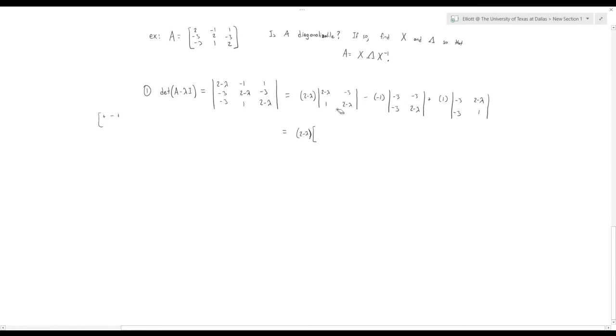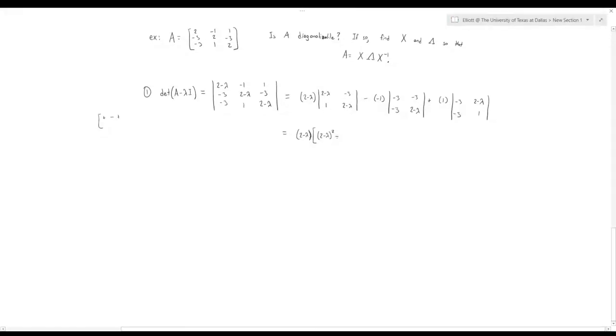For a 2 by 2 determinant, remember it's AD minus BC. So we'll do 2 minus lambda times 2 minus lambda. I'll maybe follow that out in the next step. And then we're going to do minus a negative 3, so plus 3.